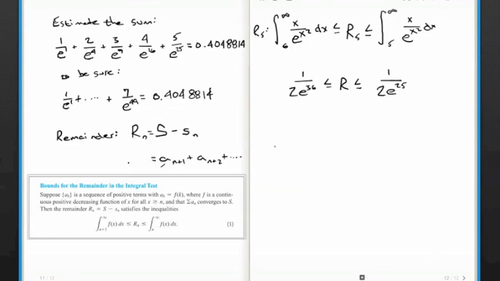And to put a sense of scale on this, this becomes 1.16 times 10 to the negative 16th. We're looking at a pretty small number there. My remainder is going to be between there and 6.94 times 10 to the negative 12th.